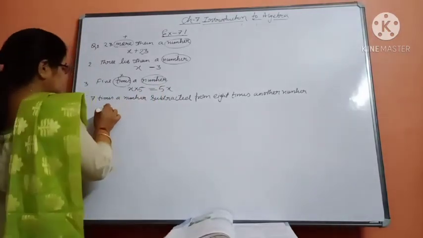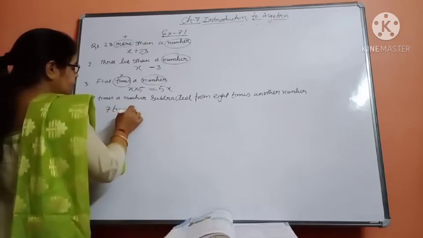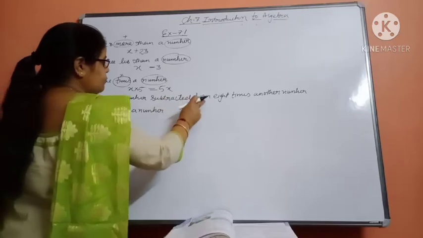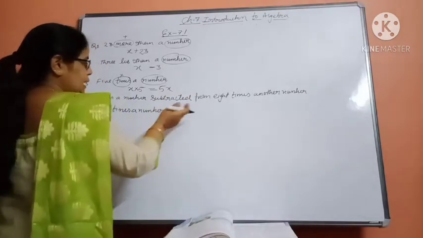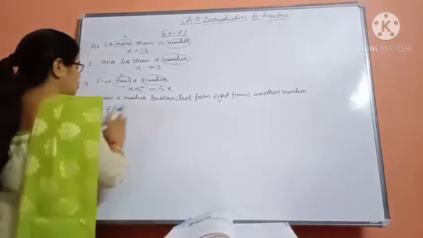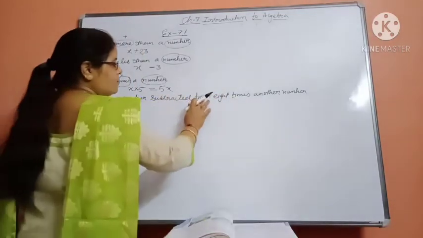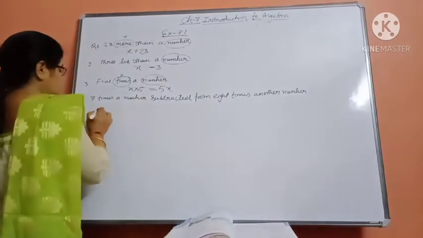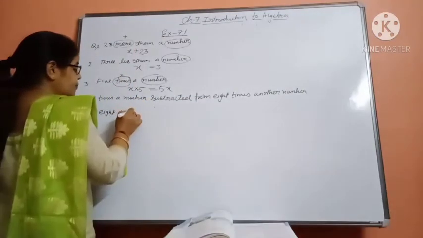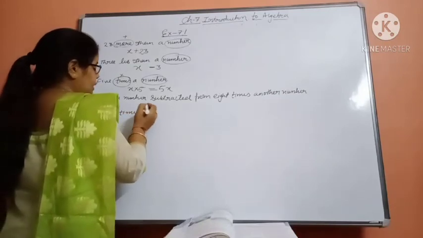See that, 7 times a number subtracted from 8 times another number. Then I taught you that the from part always comes first. So which part will come first? After from, whatever is written: 8 times another number.